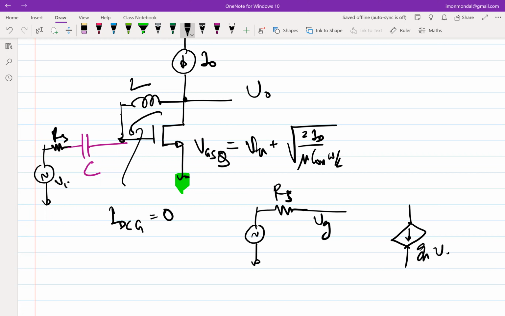This is gm times Vg. And what is connected between here to there? It's an inductor, and the value of the inductor is infinity, right? That's what the assumption was. So this becomes an open circuit. So this clearly gives us the contraption that we want. Okay.